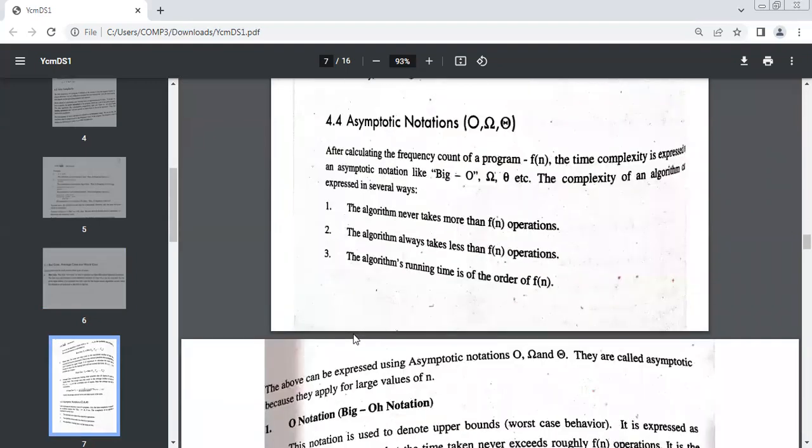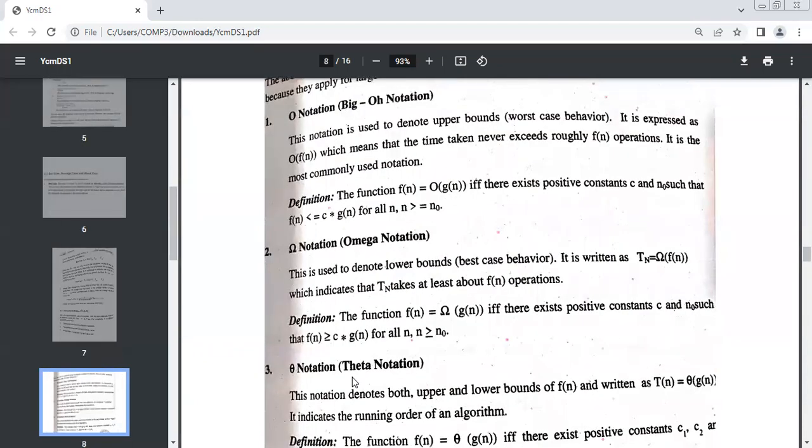Now, the next part is asymptotic notations. After calculating the space complexity and time complexity, where time complexity can also be called the frequency count, the time complexity of the program f(n) is expressed by using asymptotic notation. There are three types of notations: big O notation, omega notation, and theta notation.